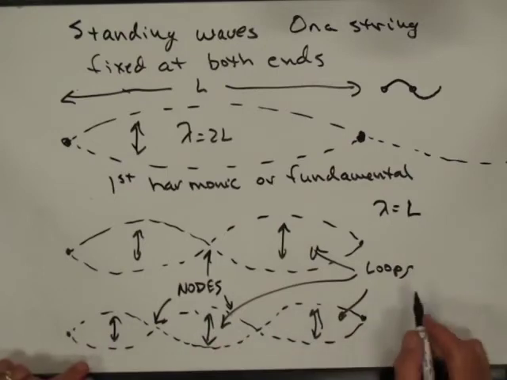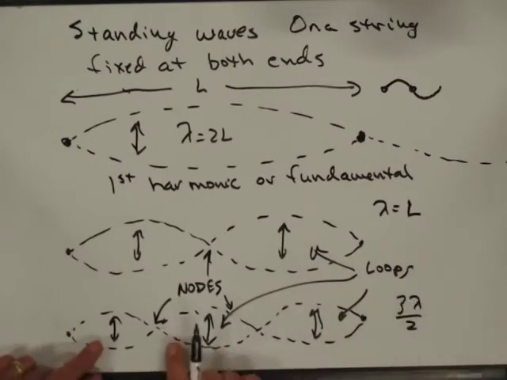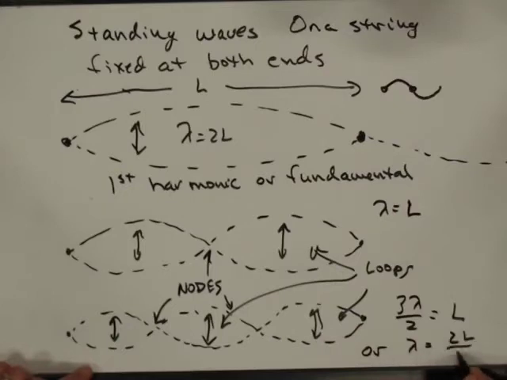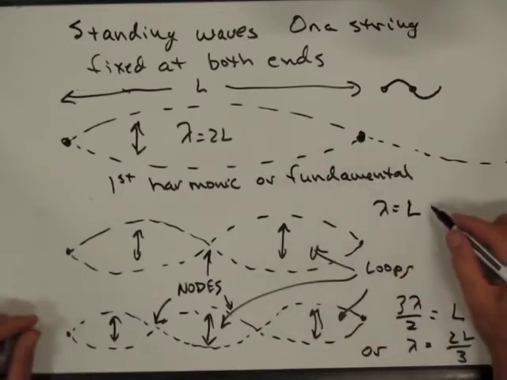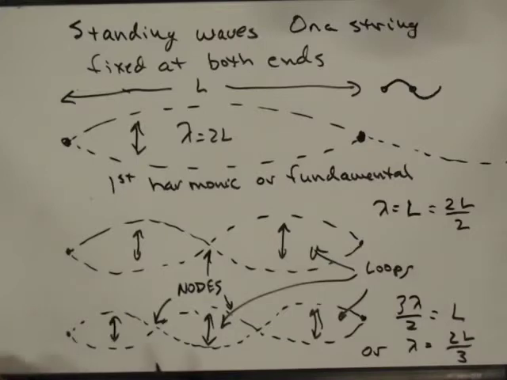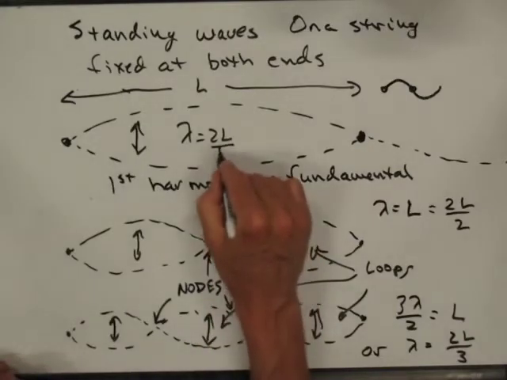In this case, I get 3 lambda over 2, that is 1.5 lambdas, is equal to L, or lambda is equal to 2L over 3. Notice I could write the first one as 2L over 1, and the second as 2L over 2, and if I do that, you start seeing a pattern, right?